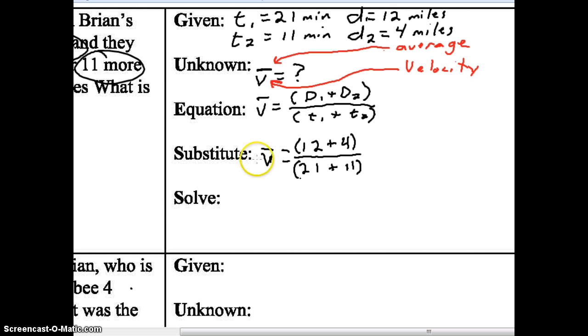I've got average speed equals my total distance, which is distance 1 plus distance 2, divided by my total time, which is 21 minutes plus 11 more minutes. The next step is to solve that. V bar equals 12 plus 4 is 16. 21 plus 11 is 32.